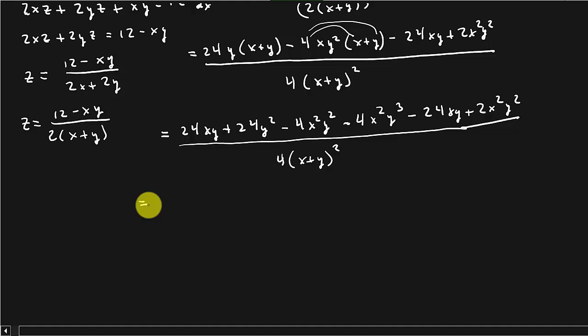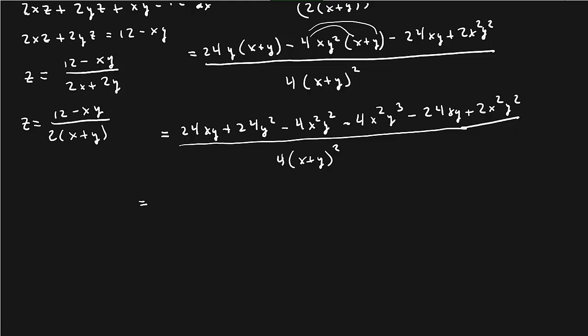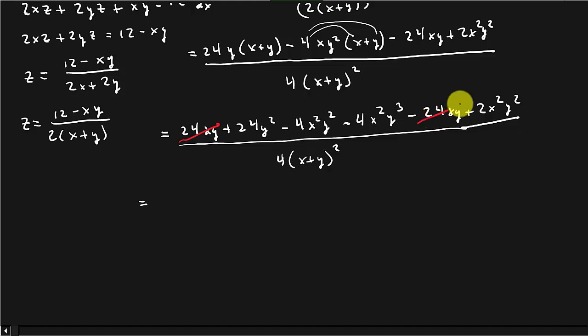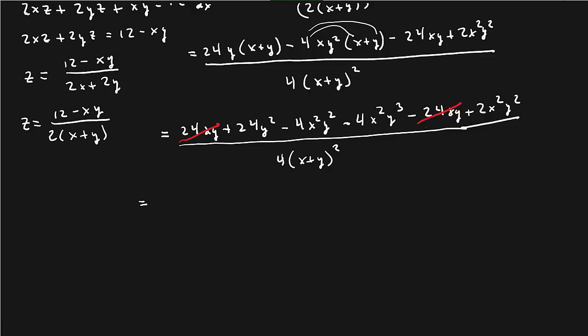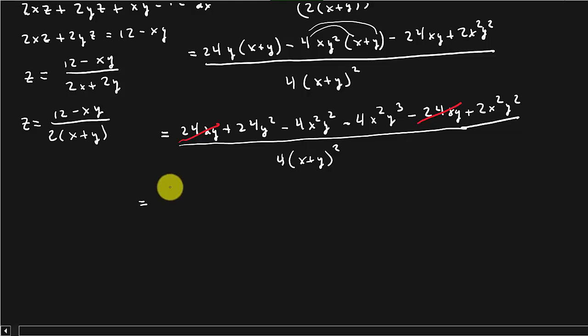Now this and this cancel out, and so we are left with 24y squared minus 4x squared y cubed.